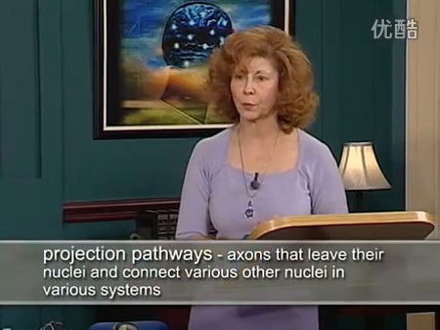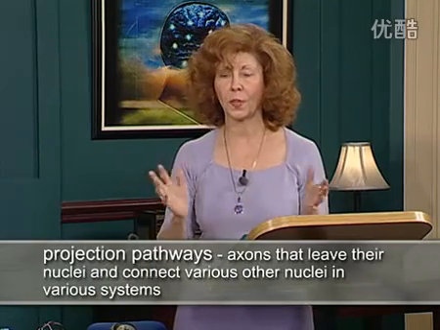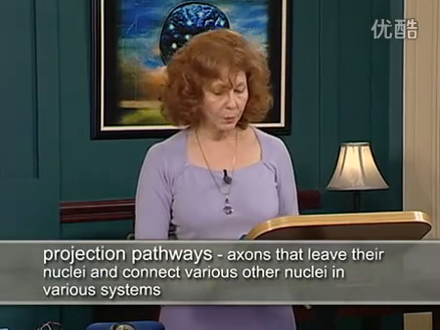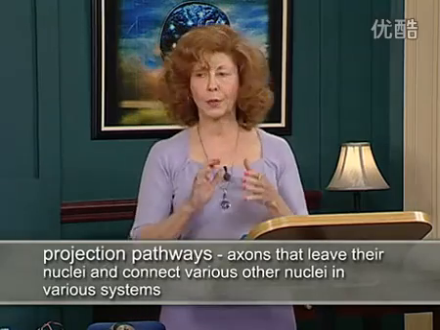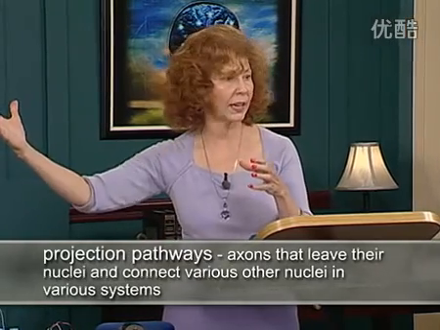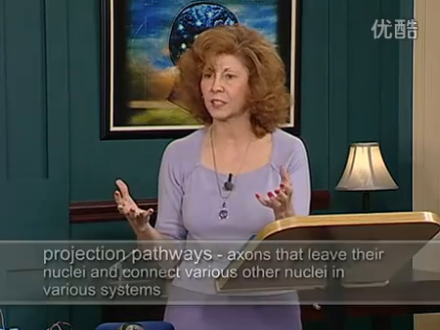The last type of way that we classify axons is by calling them projection pathways. And actually, projection pathways are what most of all the axons in the brain are made up of. To understand what projection pathways are, they're the axons that leave nuclei and go some other place to connect the various nuclei that are in these various systems.